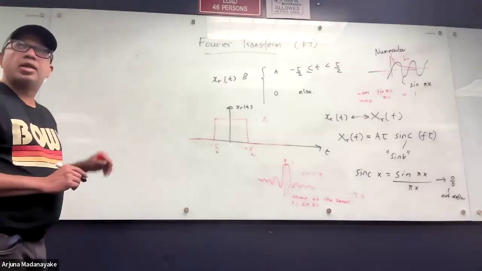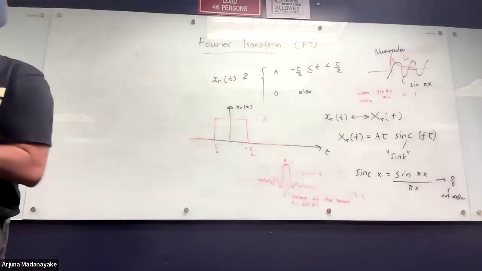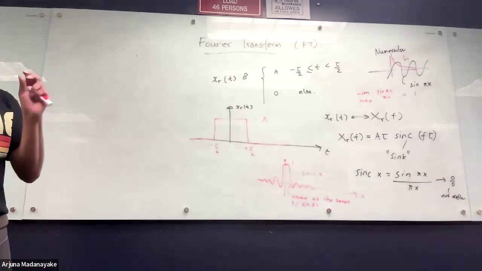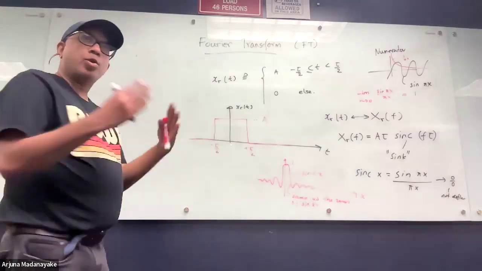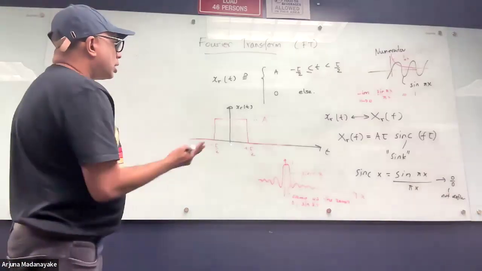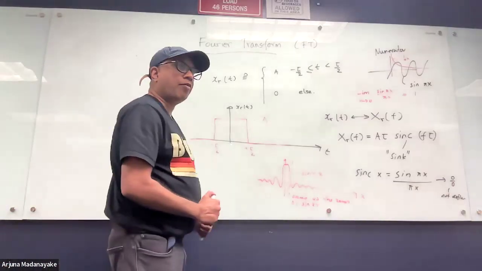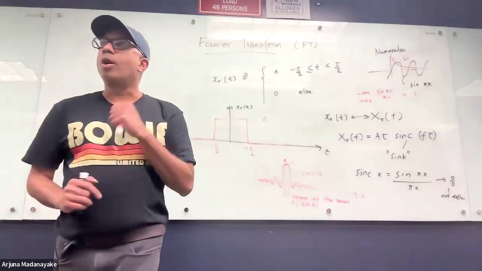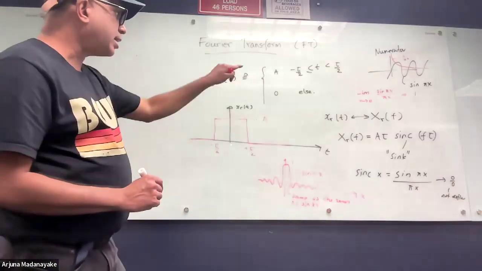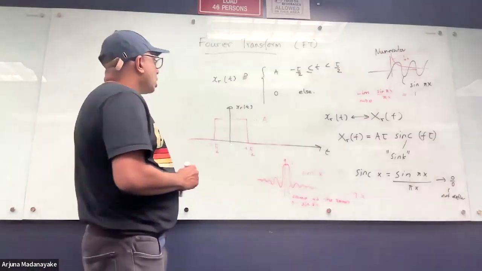So we'll do that in a minute. If you take a rectangular pulse of duration tau that's centered on t equals 0 with height A, and you compute its Fourier transform, the spectrum of a rectangular pulse is given by A tau times sinc f tau. So here x is equal to f tau.